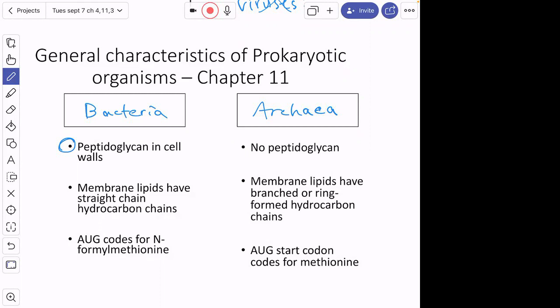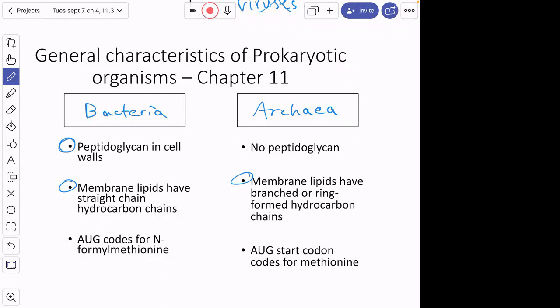And then just picking out a couple of other things. We don't talk at length about membrane lipid composition, we leave that more for your biochemistry classes. But basically, the bacteria have membranes that are similar to ours in a lot of ways, but the archaea have a membrane structure that's unique to them.